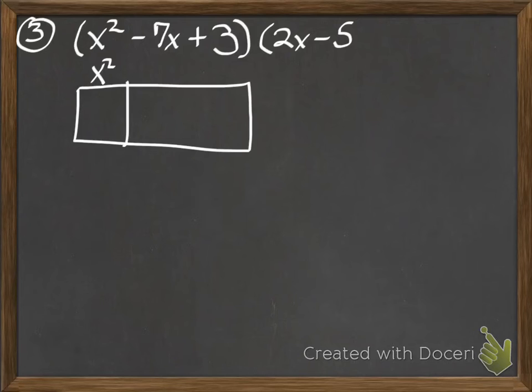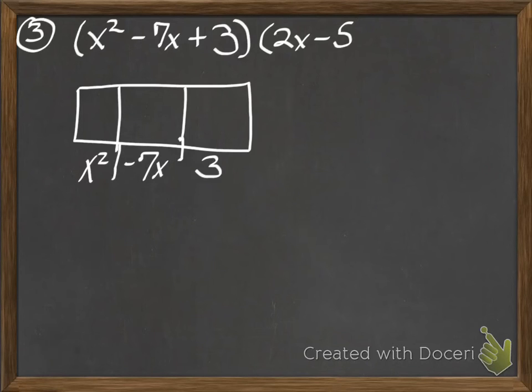You list your terms like you would if you were pulling things out. Actually, let's do it in the exact same spot we used to do it for pulling things out. That was at the bottom, right? And then over on this side, we have 2x minus 5.